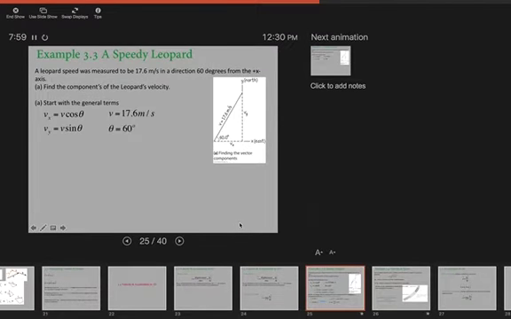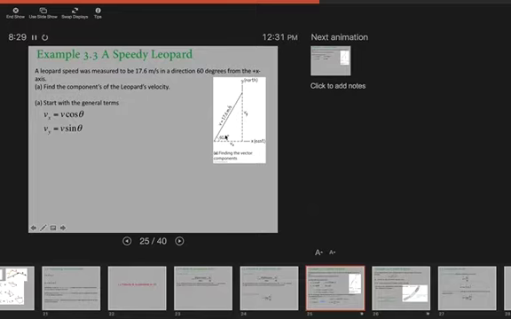So let's take an example. Let's say I have this animal with a speed of 17.6 meters per second in the direction 60 degrees from the positive x-axis. What is he telling me? He's telling me I have x and y, okay, and I have a vector, this line, the velocity vector. Its scalar, its speed, is 17.6, but he also said it has an angle of 60 degrees.